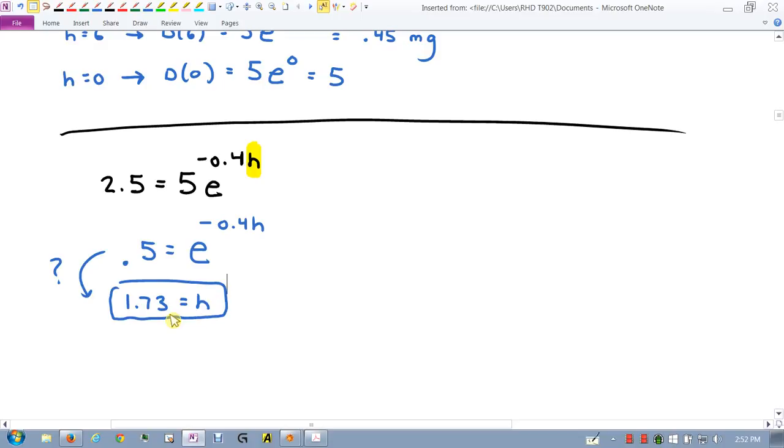So we're going to be kind of stuck. But would you like to see how to do it on a calculator, just monkey see, monkey do? It's very simple. At this point right here, I'm going to give you a formula. H will be equal to the natural log, which is a key on your calculator, of 0.5, divided by the negative 0.4.